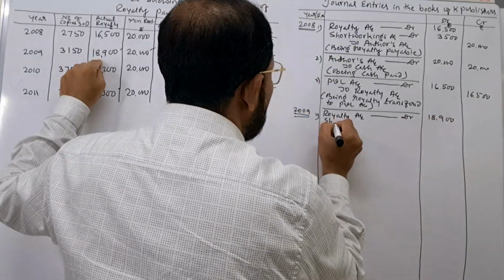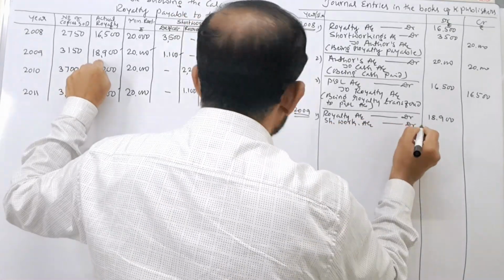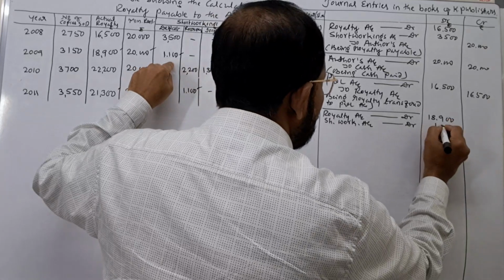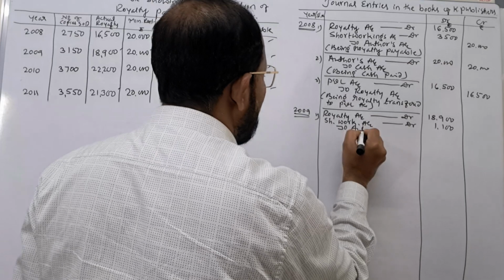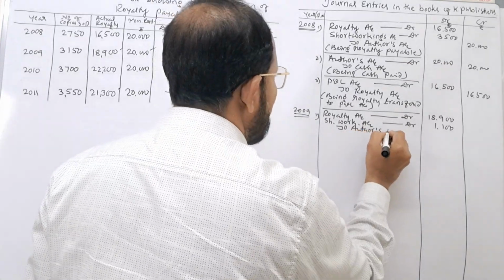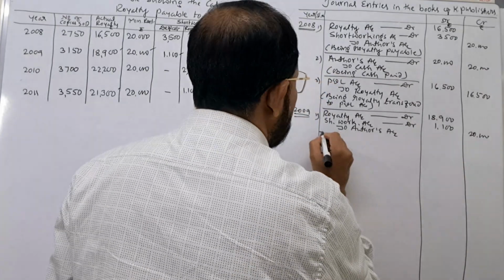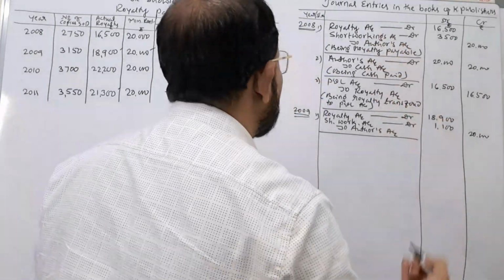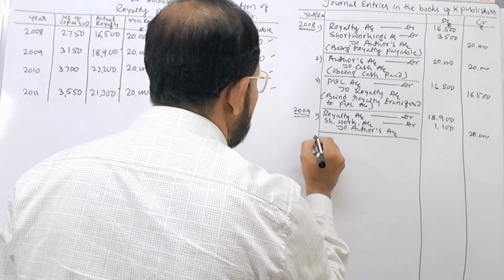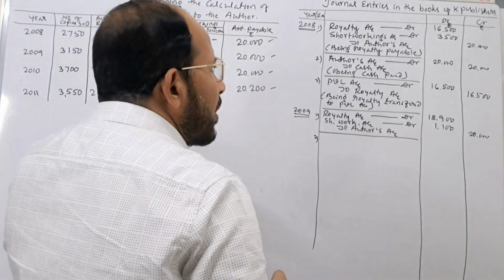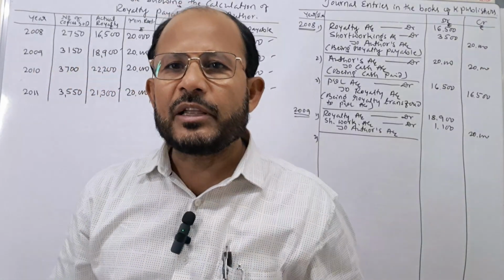Next one is short workings account is also debited with the amount of short workings, and amount payable to author, to author's account, rupees 20,000. Here you write the same narration, being royalty payable, including the short workings.